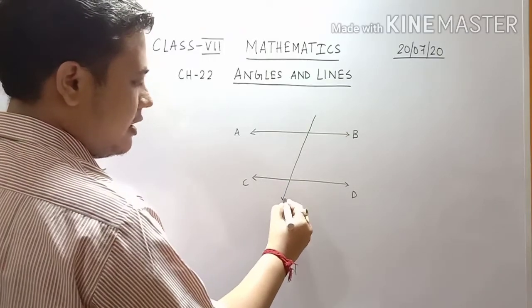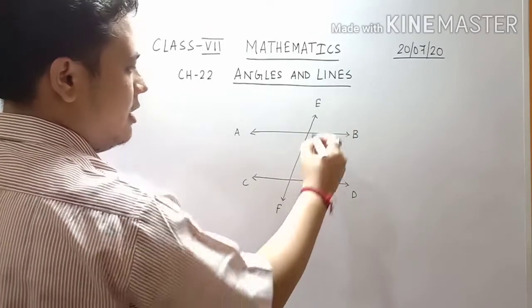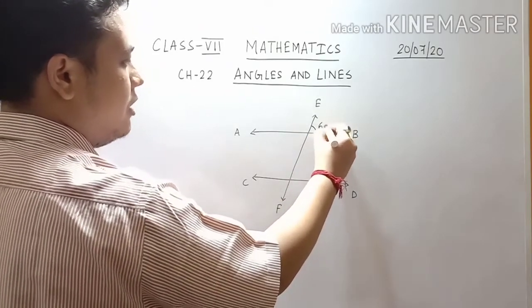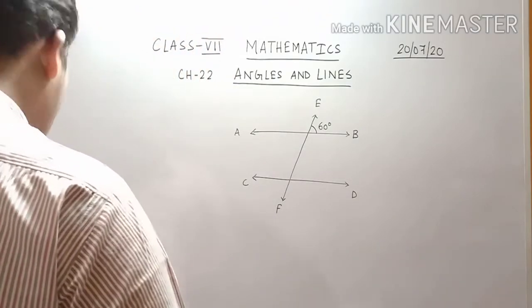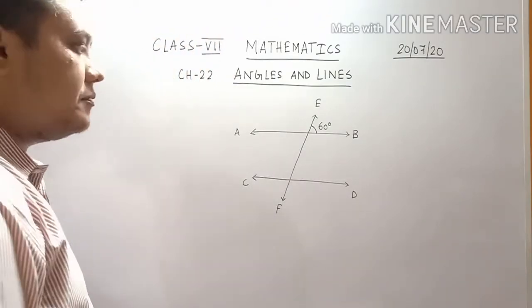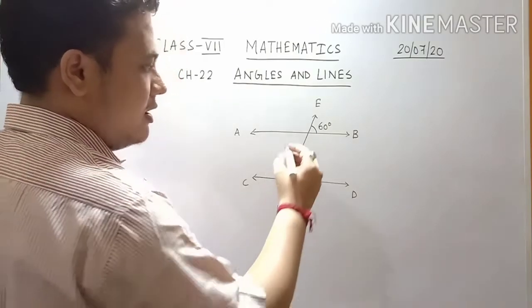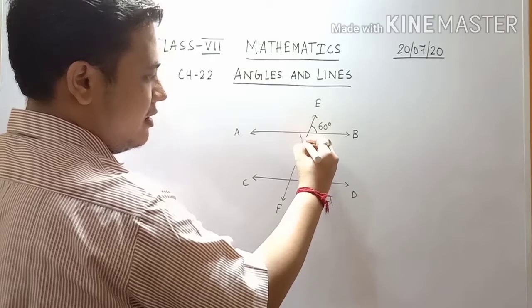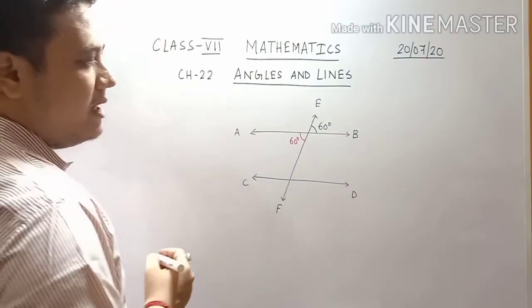It doesn't matter, the transversal can be in any form. Name it as EF. And suppose one angle is given to you here, 60 degrees, and you have been asked to find all the remaining 7 angles. How will you calculate? Now you can see, just now we have learned, if this angle is 60 degrees, this part is also 60 degrees because they are vertically opposite angles.